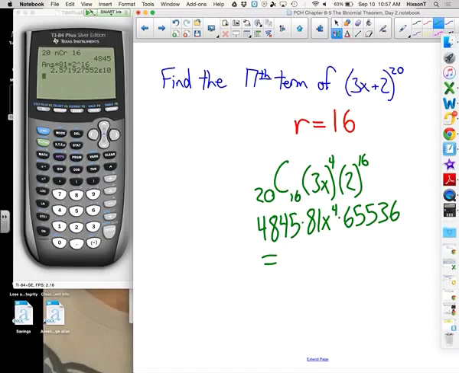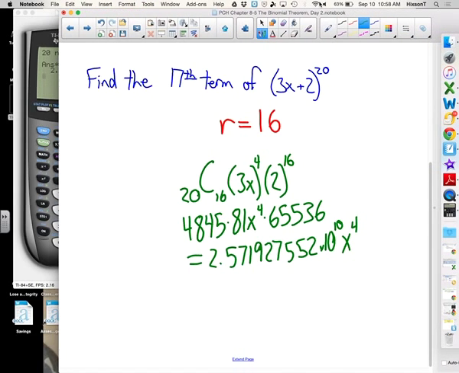One, you could write it down just like you see, 2.5719275552 times 10 to the 10th power x to the 4th. I'm not going to complain about that.